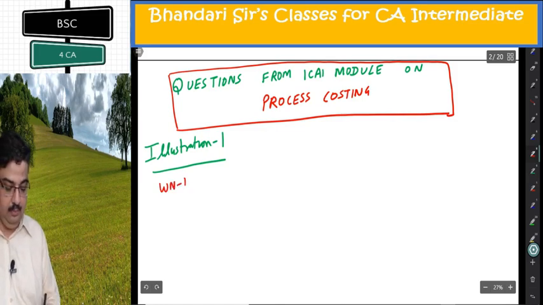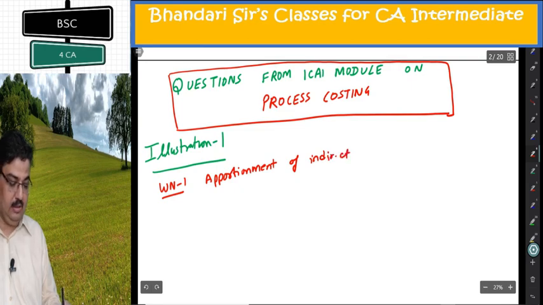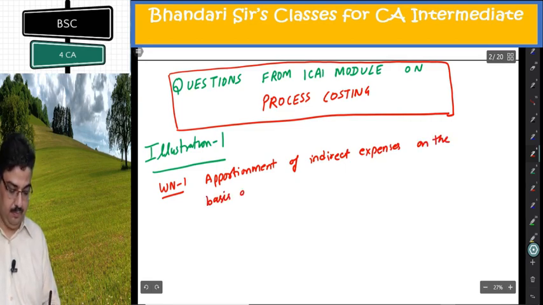Working note 1, apportionment of indirect expenses on the basis of wages.